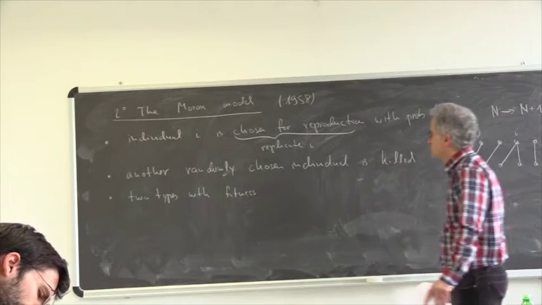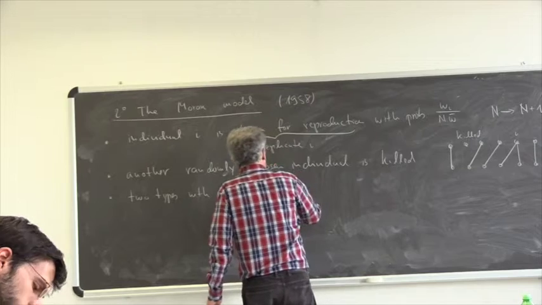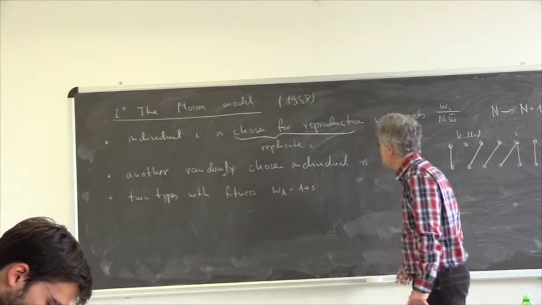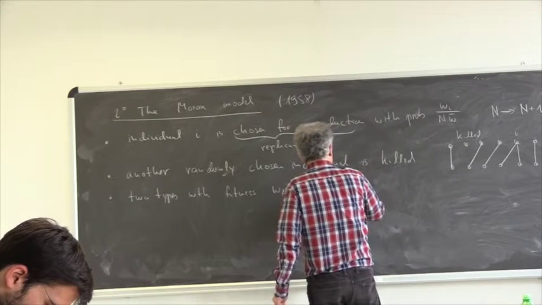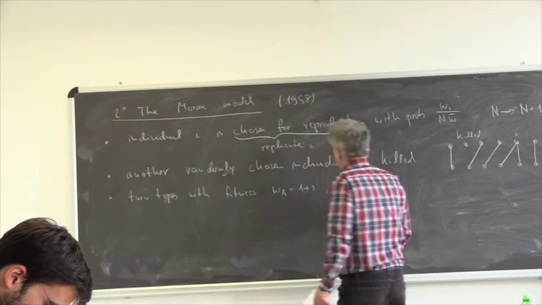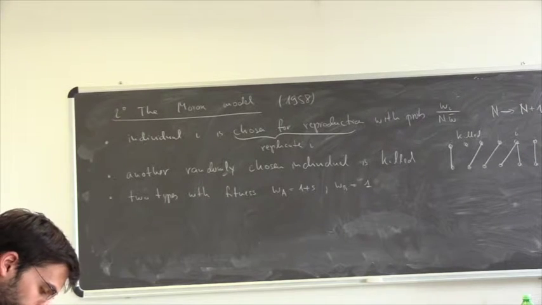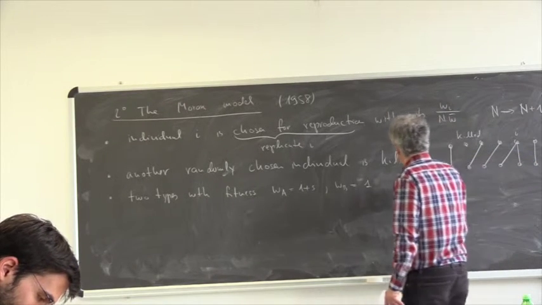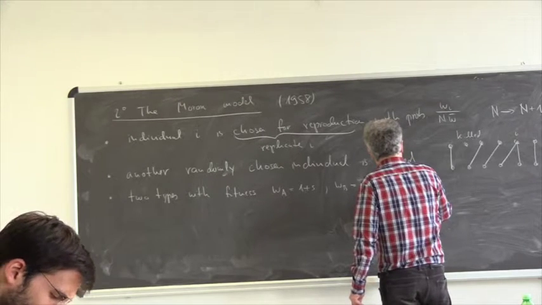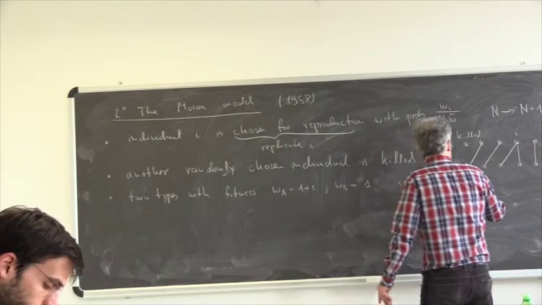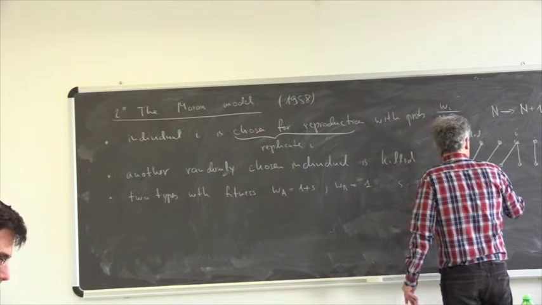So we have two types: A with fitness WA, which I call 1 plus S, and B with fitness WB equal to 1. All right, so when S is positive, this means that the A type is preferred, so S is called the selection coefficient. That's essentially the same thing that we introduced also on Wednesday.